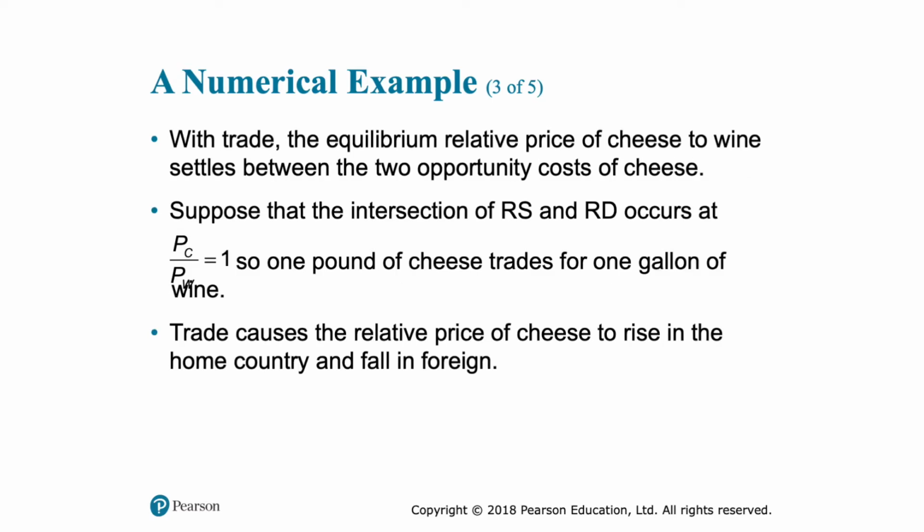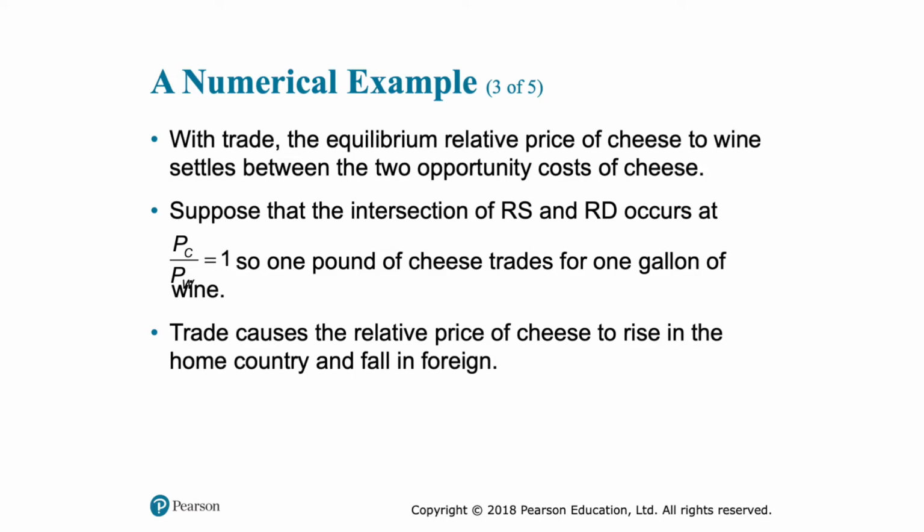With trade, the equilibrium relative price of cheese to wine settles between the two opportunity costs of cheese. So before trade, the opportunity cost of Q1 in terms of Q2 is half in home and 2 in foreign. Right? After trade, the equilibrium price is in between this one and this one. Why? I'd like to explain when I'm explaining relative demand and relative supply. Right?